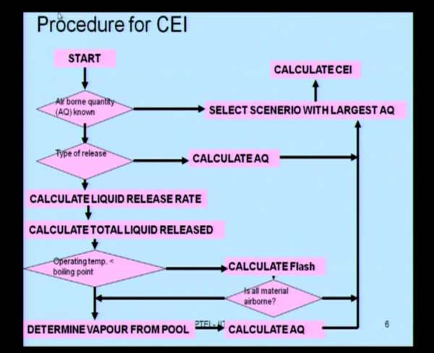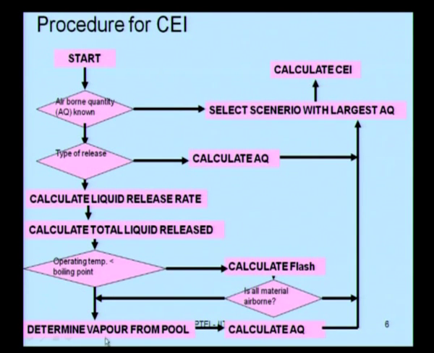So, this is a very simple flow sheet which tells you the different steps involved in doing a chemical exposure index analysis. Ultimately, for finding the chemical exposure index, I require the airborne quantity. Airborne quantity of course depends on the type of release you are talking about.